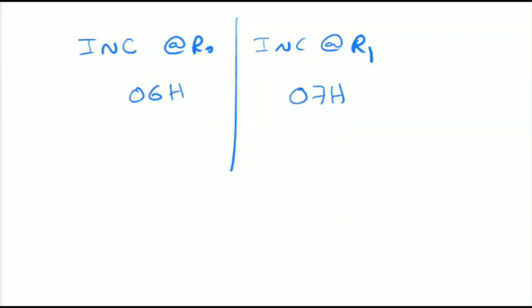So the next one is INC DPTR, data pointer. Here also the same thing, DPTR is a 16-bit register. Whatever content is available in the DPTR will be incremented by 1.